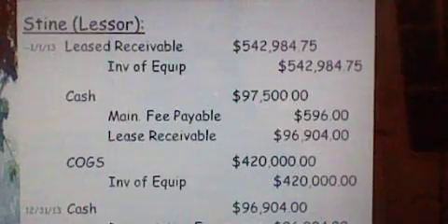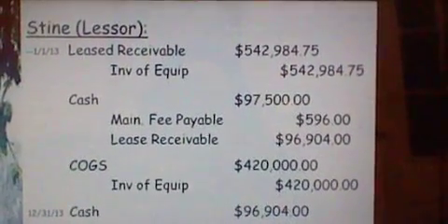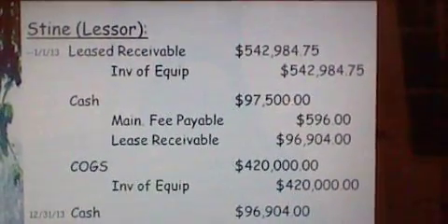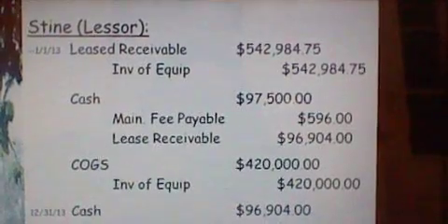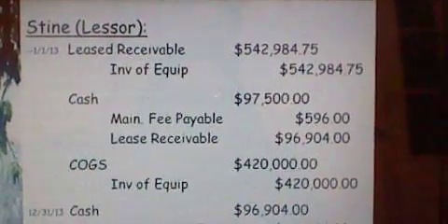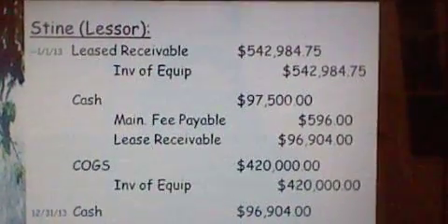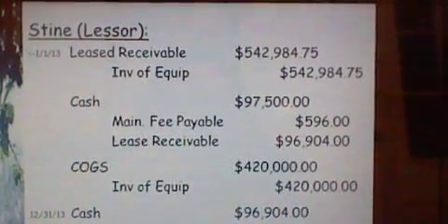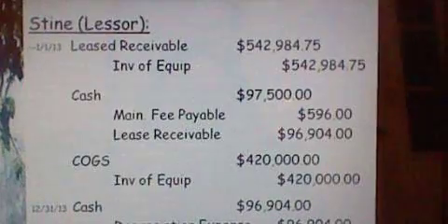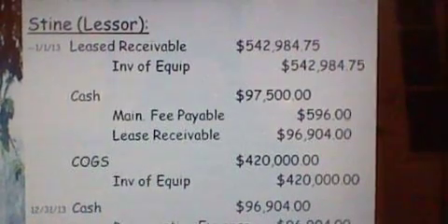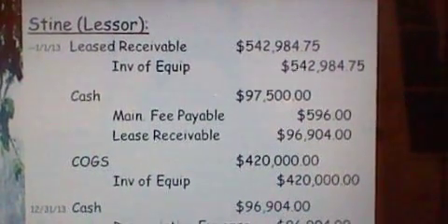Now, to record the actual sale, we would debit leased receivable and credit inventory of equipment for leased machinery, and the amounts debited and credited would be $542,984.75.